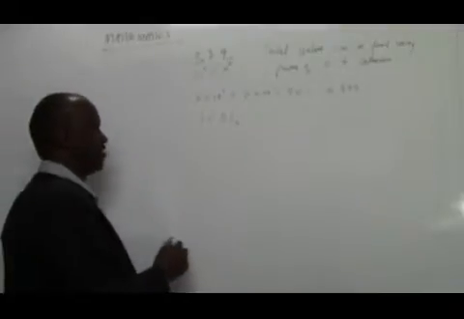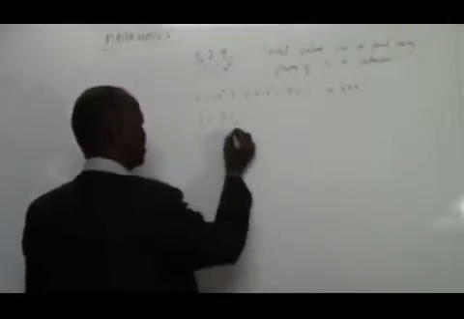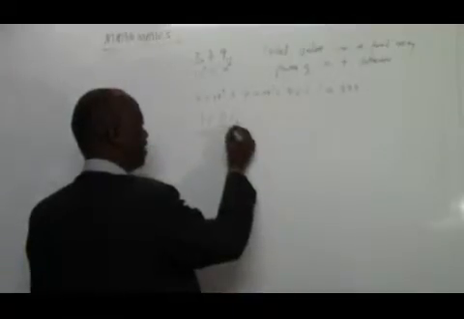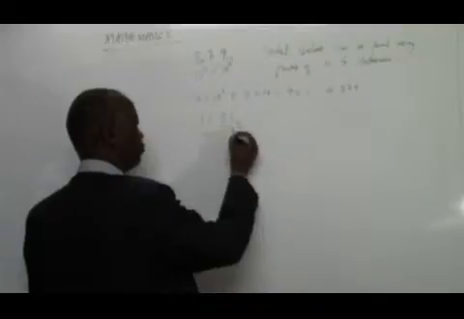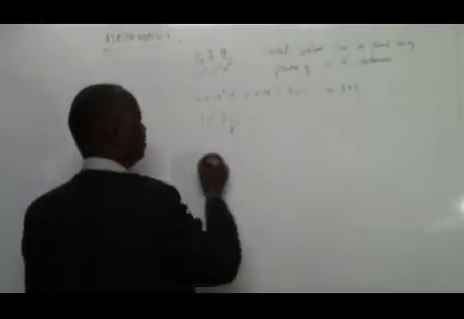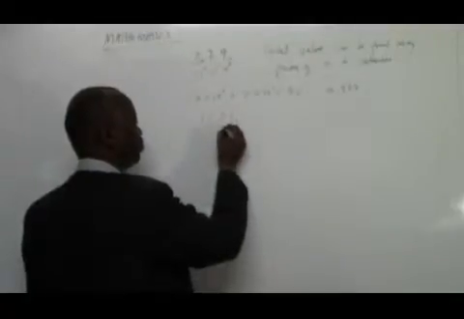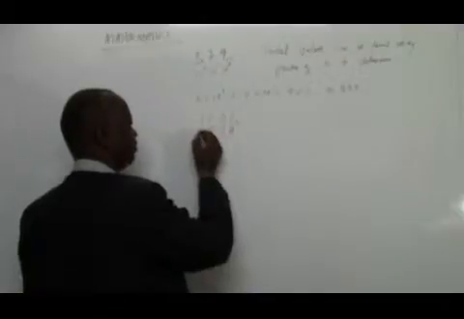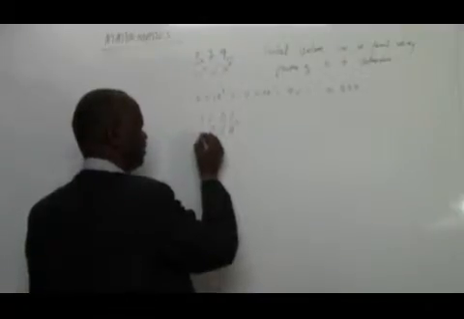If you want to get the value of this, you do the same thing. This time we'll have powers of 2: 2 to the power of 0, 2 to the power of 1, 2 to the power of 2, and 2 to the power of 3.